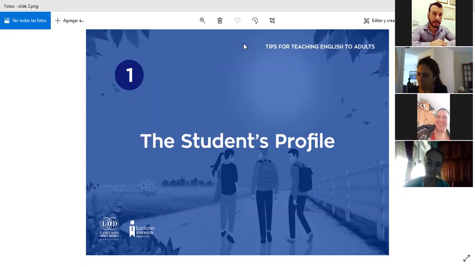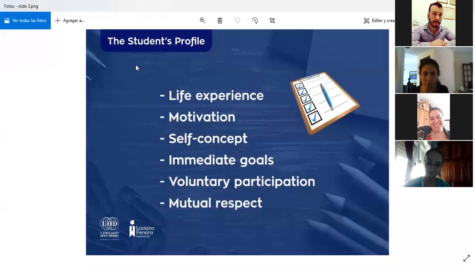So it's very different. And we have to pay attention to these items. For example, life experience is a very important feature in the adult learner. This means that the adult student brings to the classroom his life background.